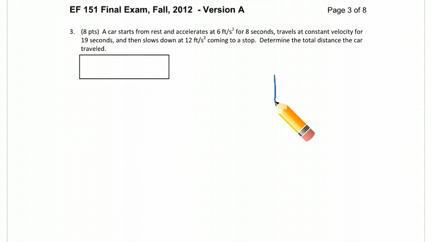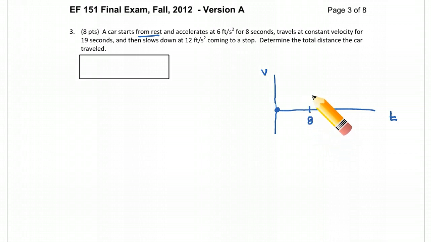Let's work with velocity, because that is sort of in between distance and acceleration and usually the easiest to work with. So we'll draw a velocity graph versus time. Okay, starts from rest, so we got that part. Accelerates at 6 feet per second squared for 8 seconds.